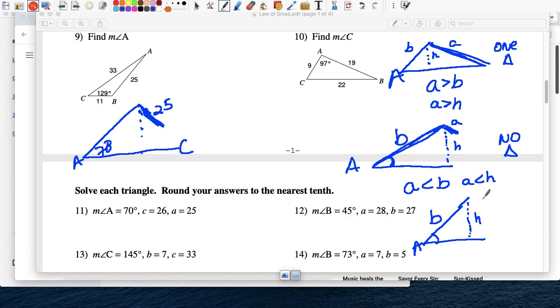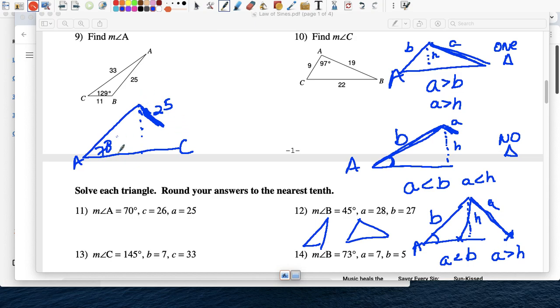And this little a here can make a triangle by touching this bottom line over here, and it could also touch over here. So you can end up with two triangles, one that looks like this, and one that looks like this. Okay, that's a third case. In this case, little a is going to be less than b, but greater than the height. So when you have that condition, you get two triangles.